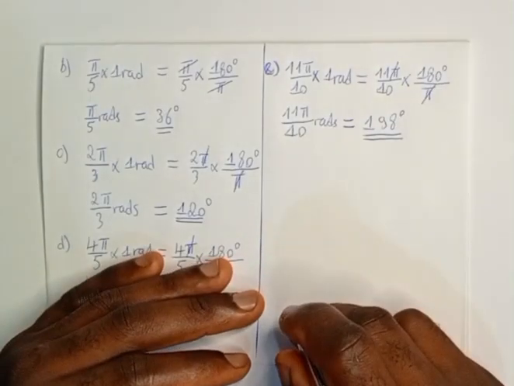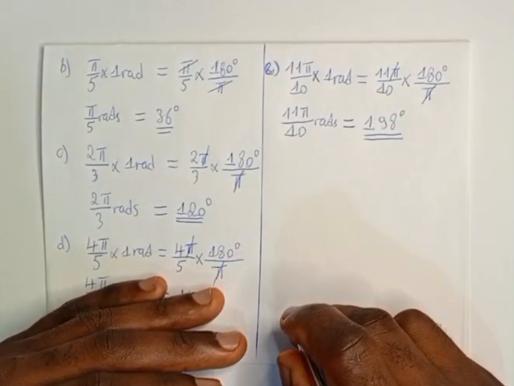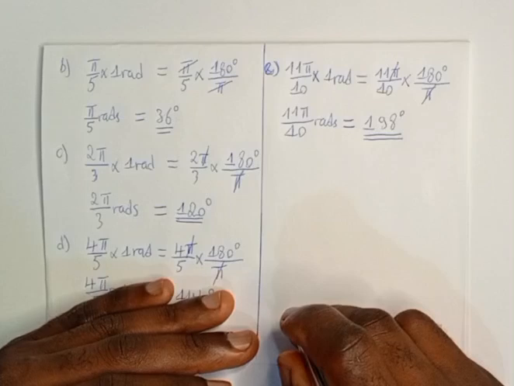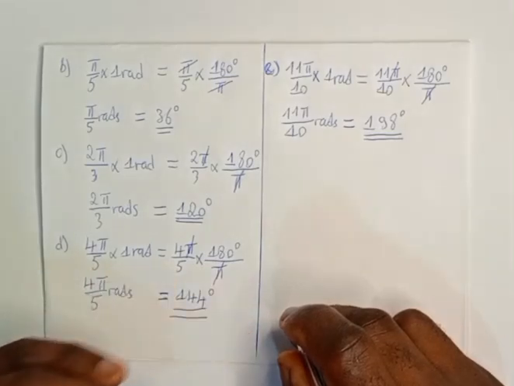Therefore, 11 pi on 10 rads is equal to 198 degrees.